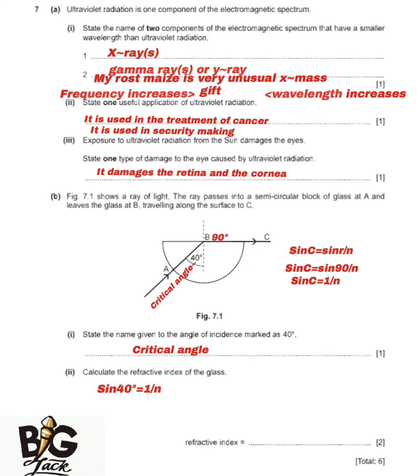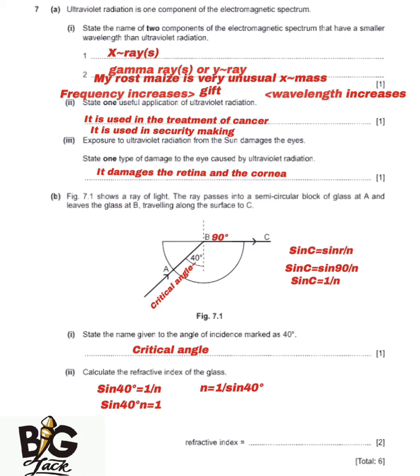When I cross multiply, I'm going to find that sine 40 multiplied by n, sine 40n, is equal to 1. Here I divide by sine 40, and here also divide by sine 40. So the refractive index, denoted by small letter n, is equal to 1 divided by sine 40.